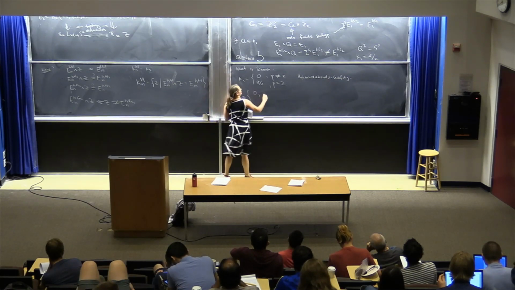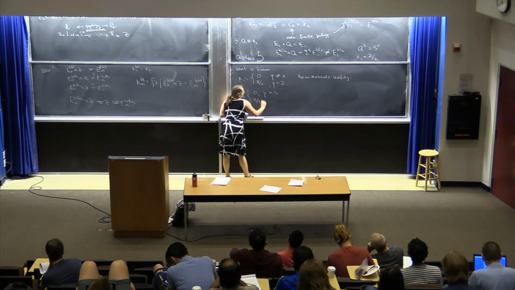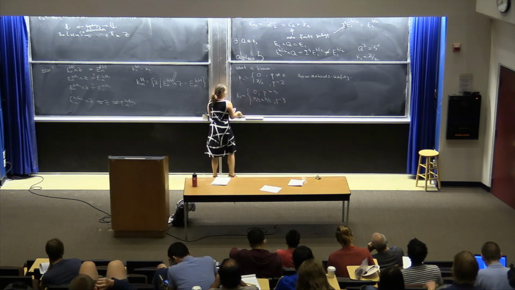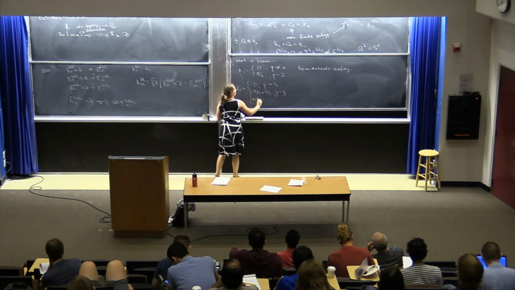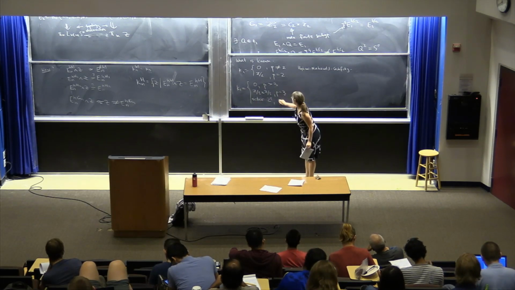Kappa 2 is 0 if prime is bigger than 3. Z mod 3 times Z mod 3 if prime is 3. And order 2 to the 9 if prime is 2.